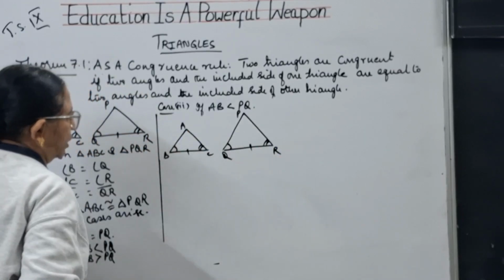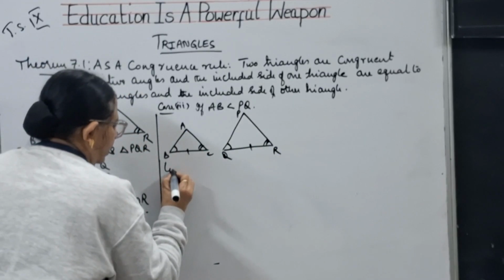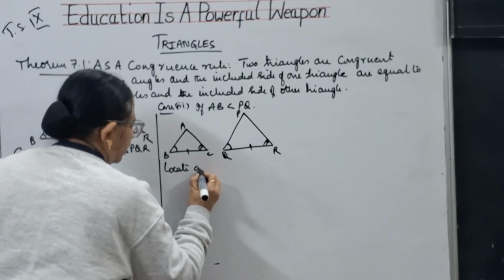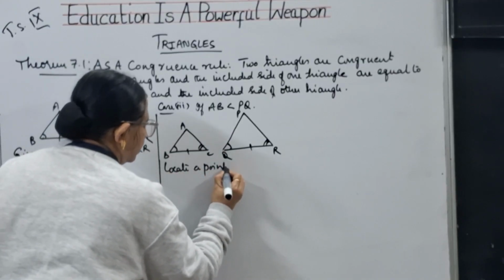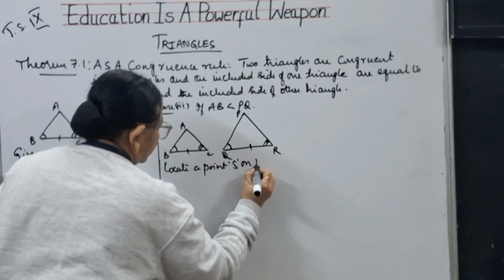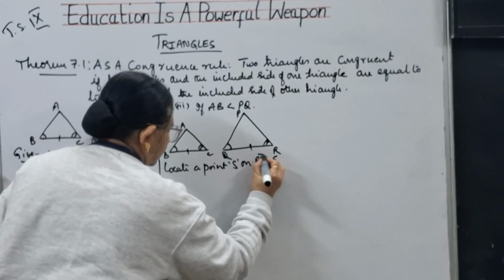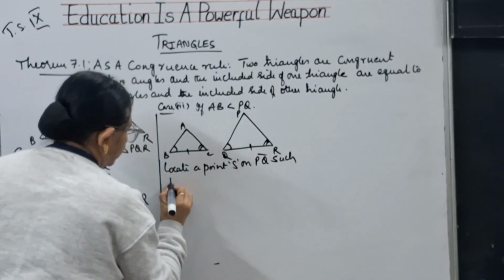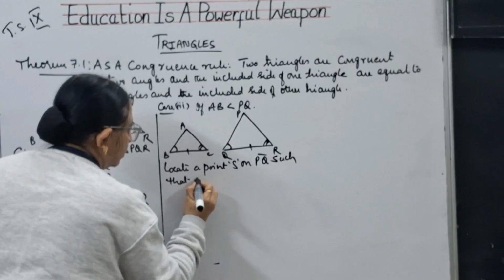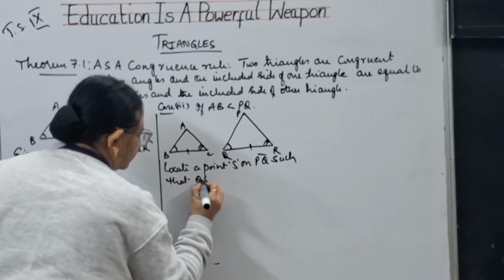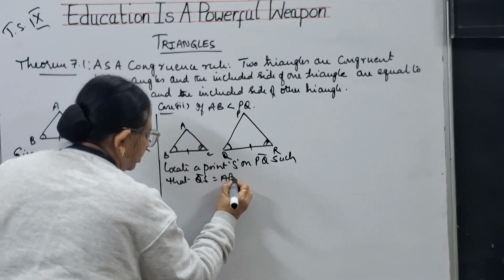So in case AB is less than PQ, again here also locate a point S on PQ such that QS is equal to AB.